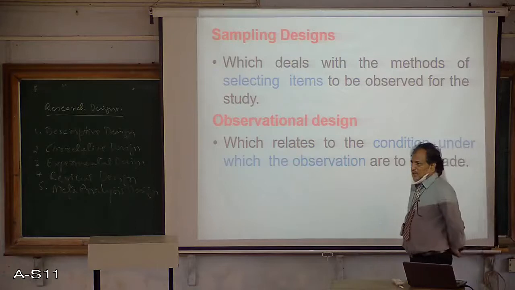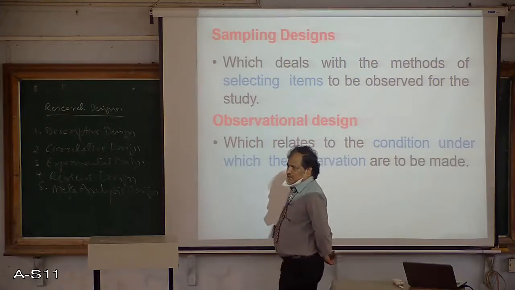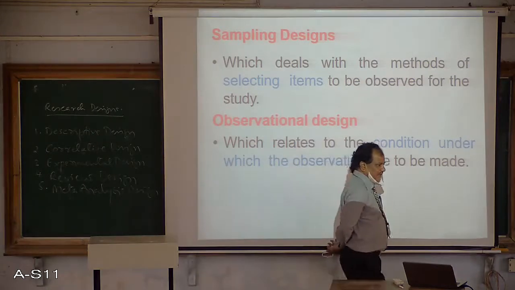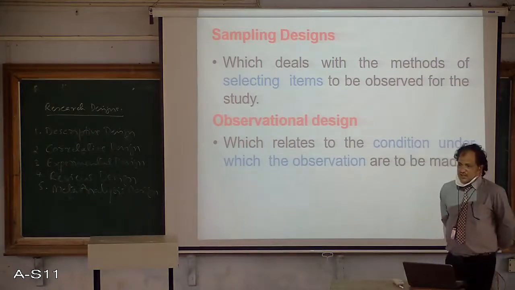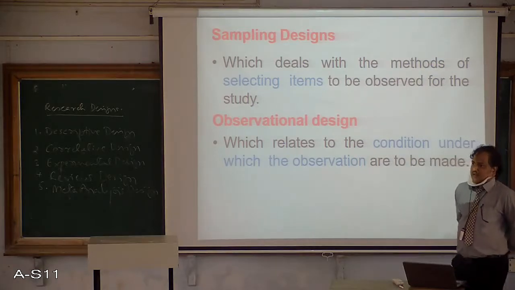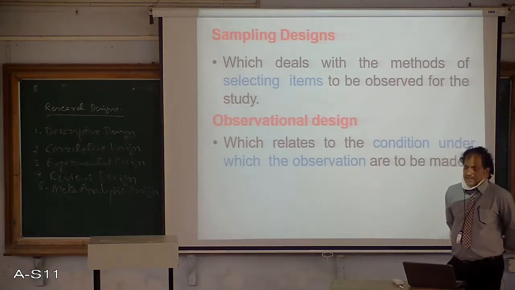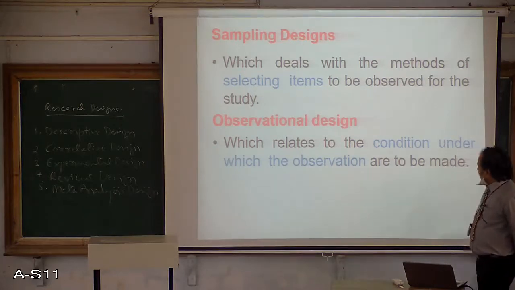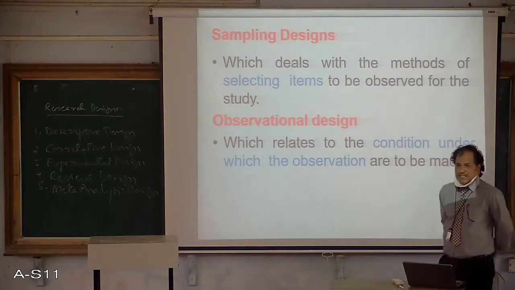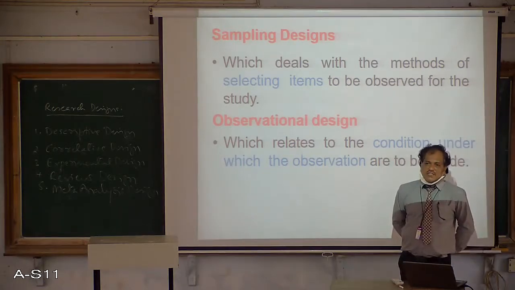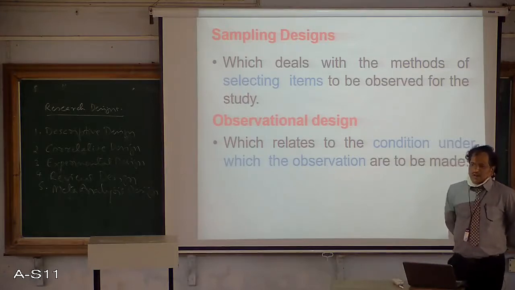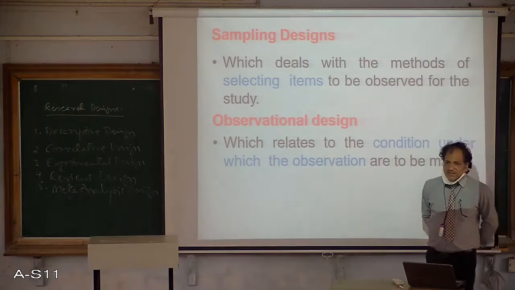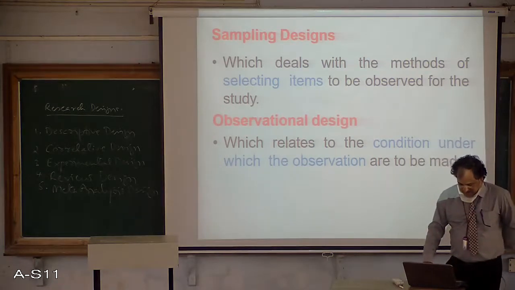So a controlled environment will be there. Suppose you are observing the particular plant, its growth, its disease, etc., in the controlled greenhouse environment. In that case you are observing that particular thing with some condition in mind. So if your intention is to decide under what conditions you observe the problem, then that design is called the observational design.